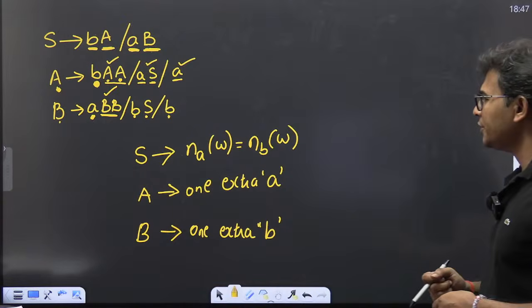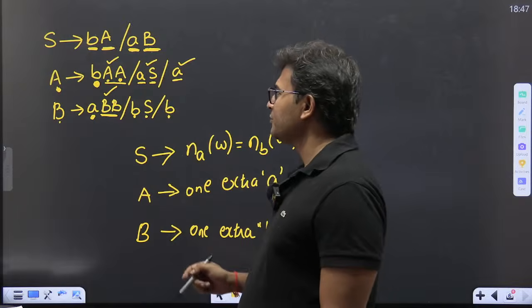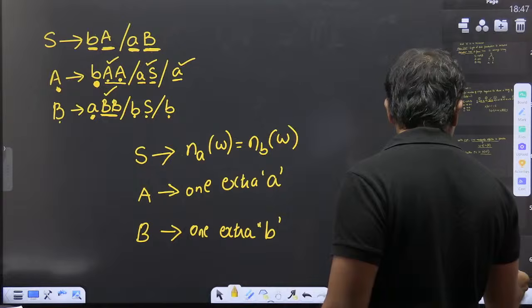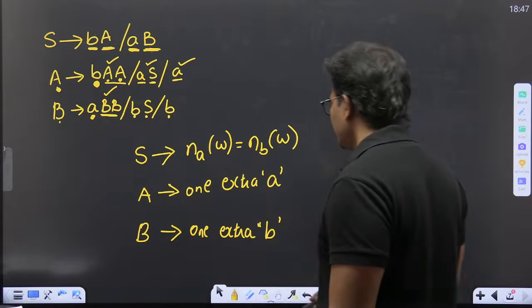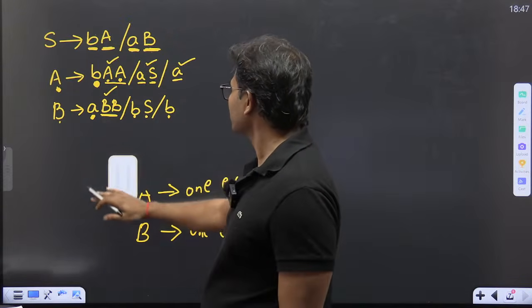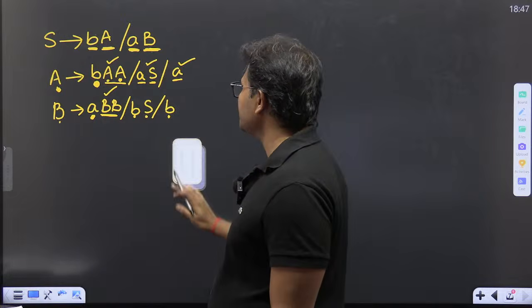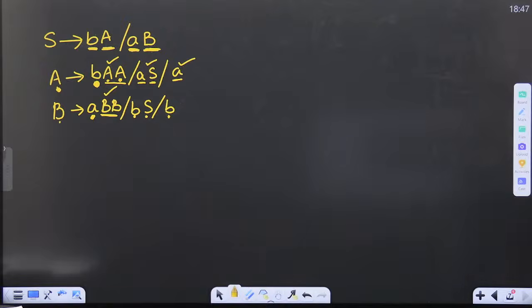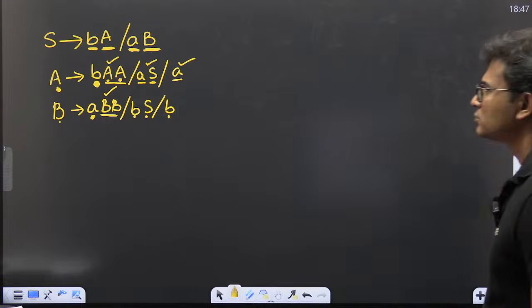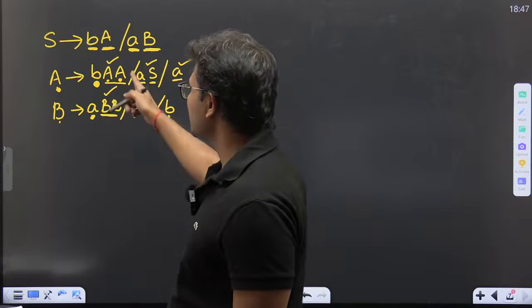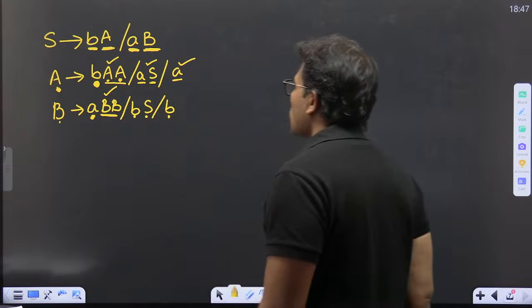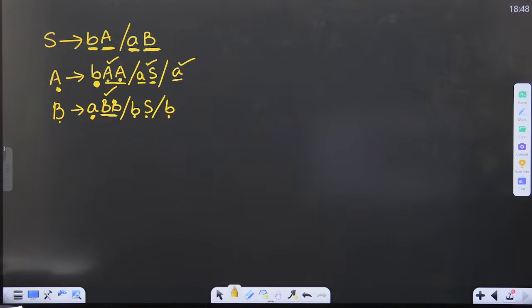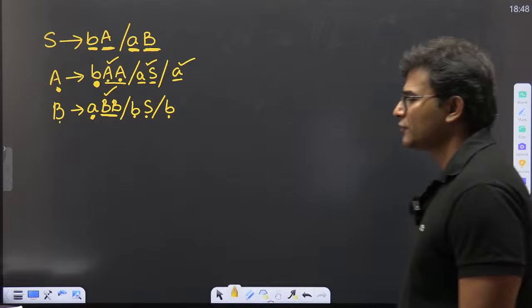Got it? You got this example, right? Now my question is, convert this particular grammar into CNF.